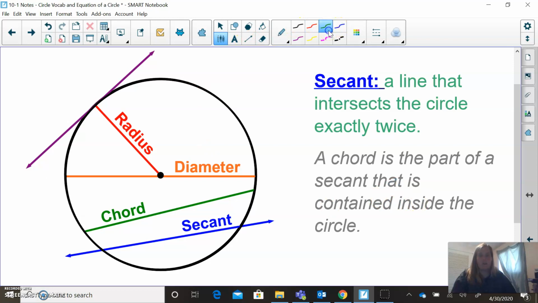So I'm going to draw some points. If we go from here to here, that is a chord. So every secant has a chord within the secant.